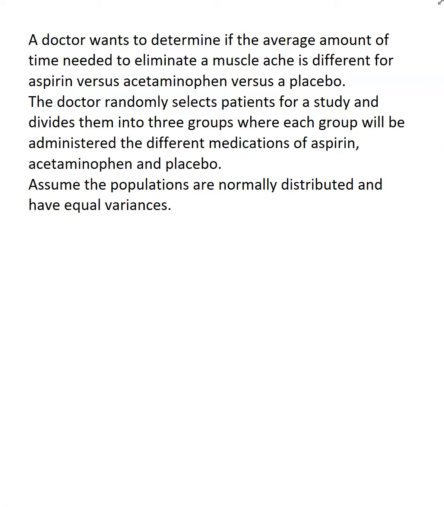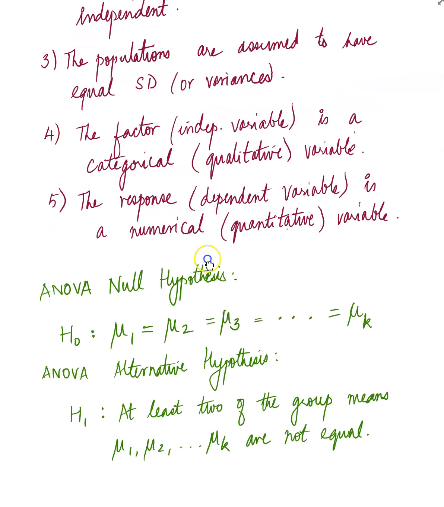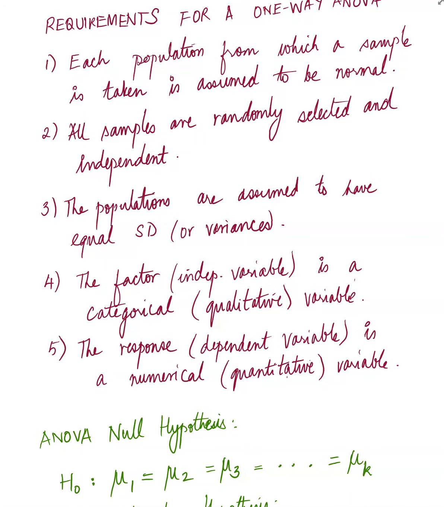Now, even if we wanted to use ANOVA, the first hurdle is that all those 5 conditions must be satisfied. So that's what we're trying to do here. Okay. So we'll start with condition number 1. If you come back here, condition 1 says each population from which a sample is taken is assumed to be normal.